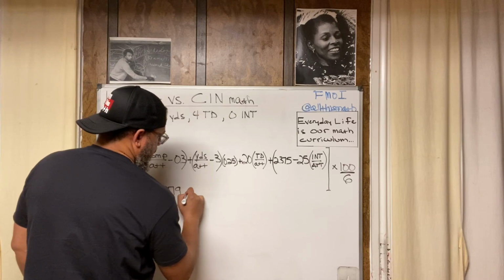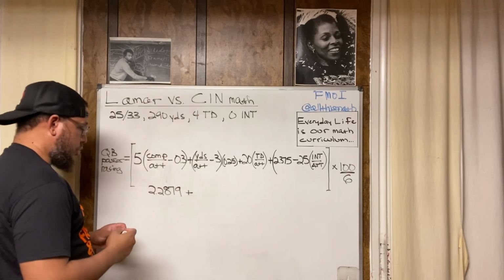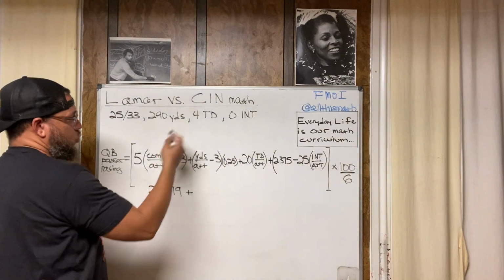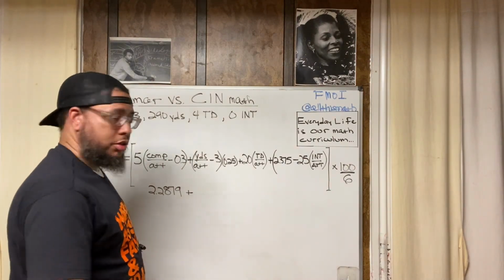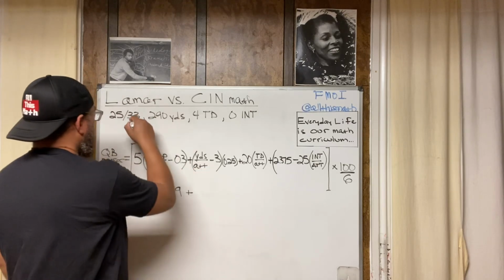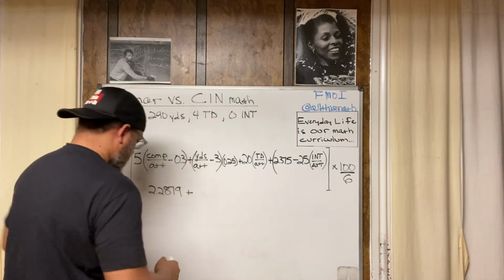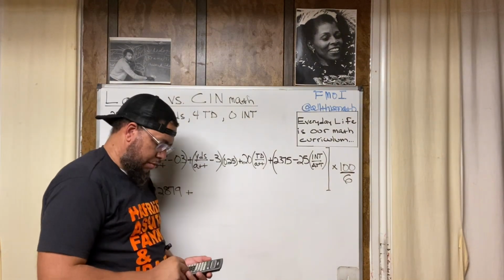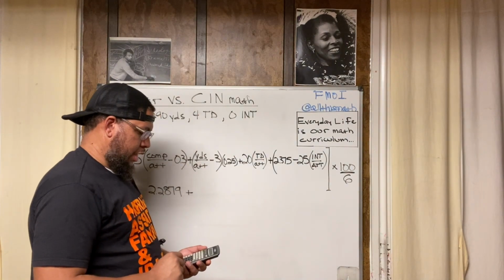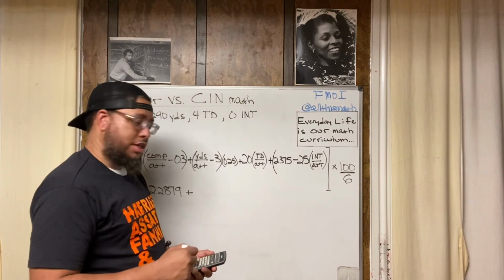Then we're going to do his number of yards thrown for. He passed for 290 yards, right? Joe Burrow had more yards, but they lost anyway, so it don't matter. So 290 yards divided by the number of attempts, that's 290 divided by 33, which is 8.78787878.